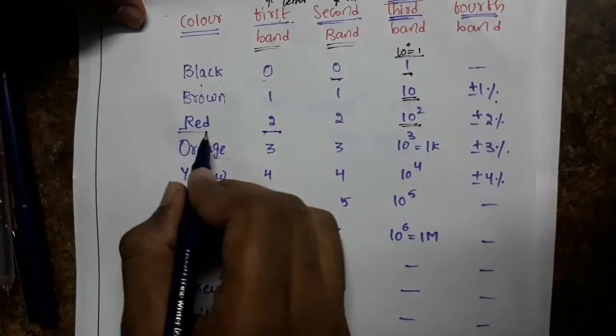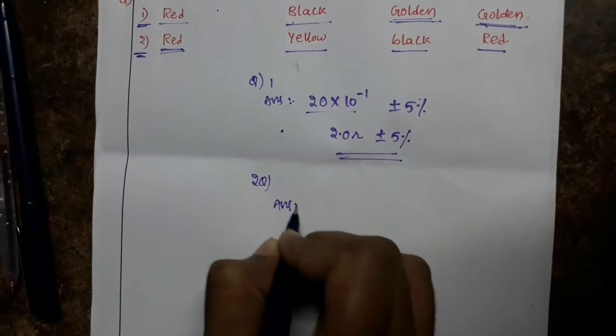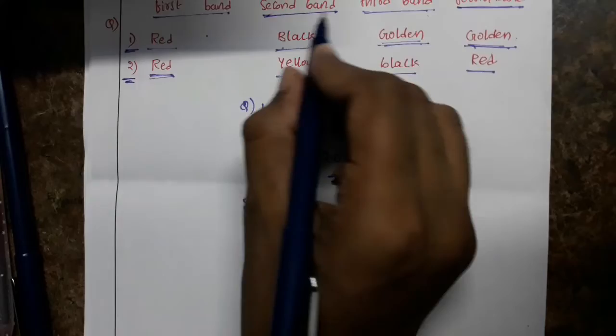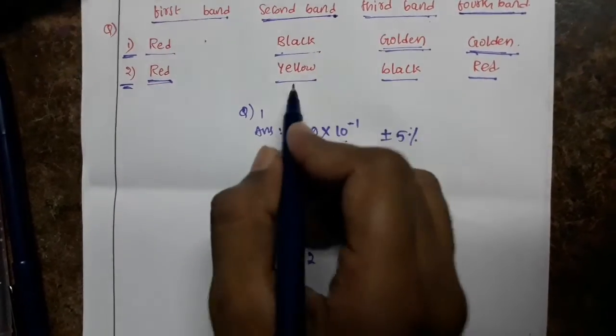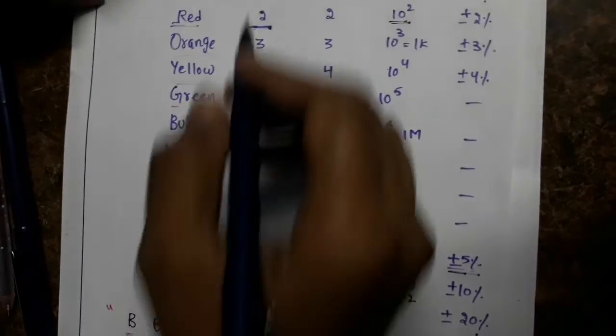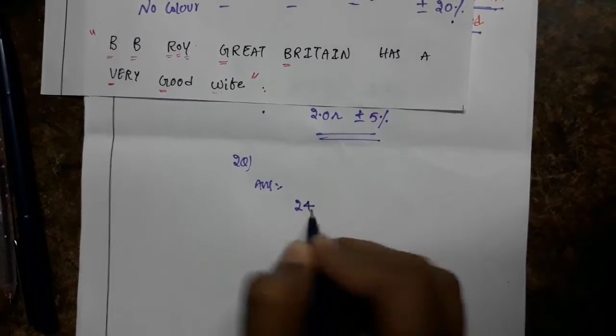The second band, yellow, has a value of 4, so we take the direct value 4.